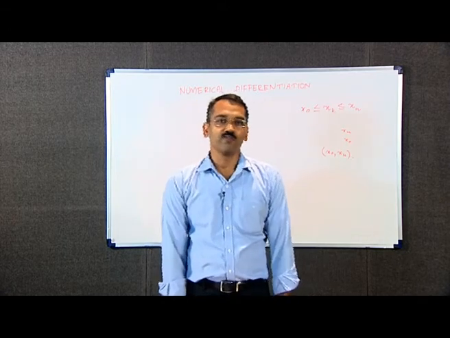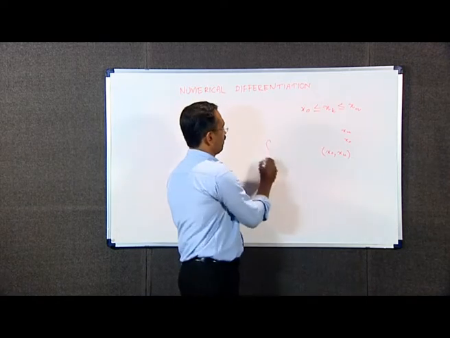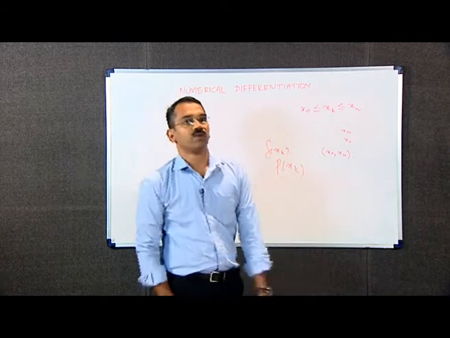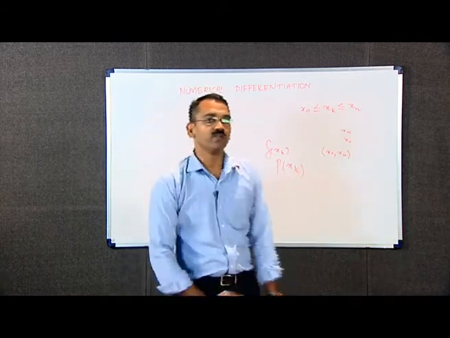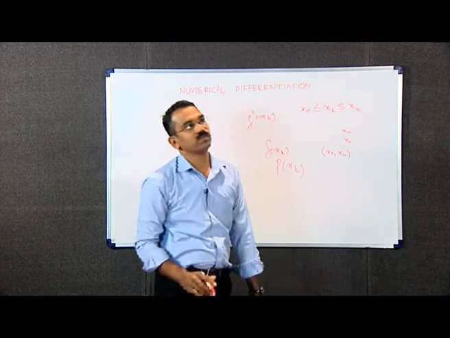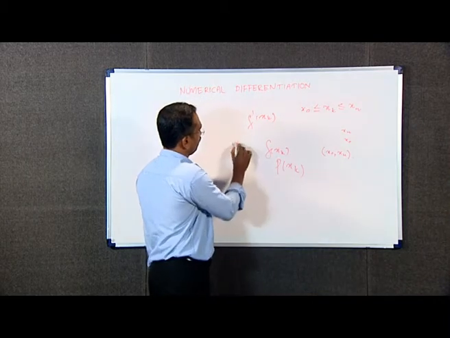Even though f of xk is approximated by p of xk, the derivative f dash of xk need not be equal to p dash of xk.